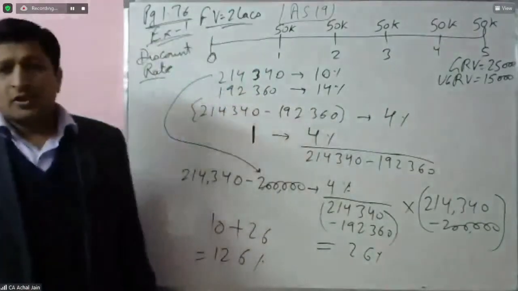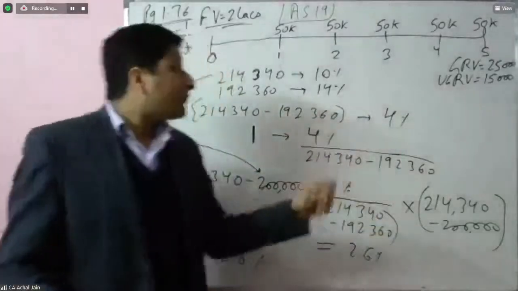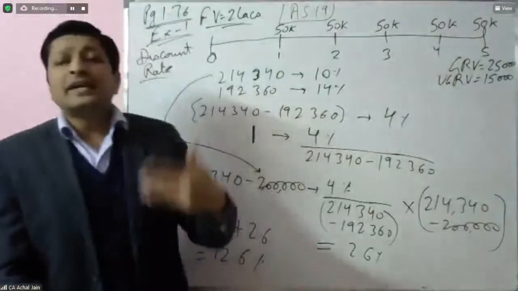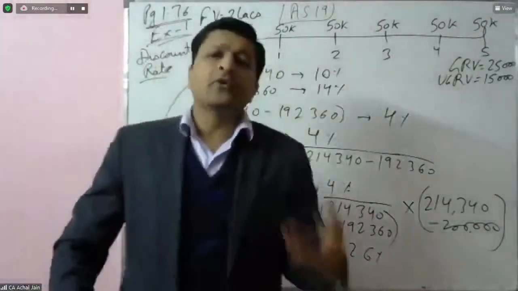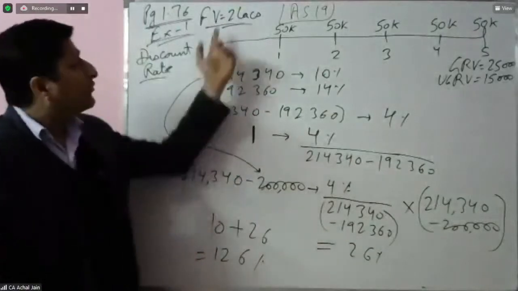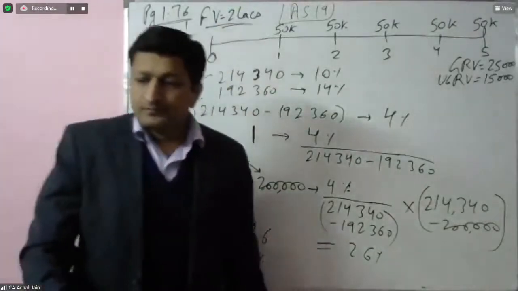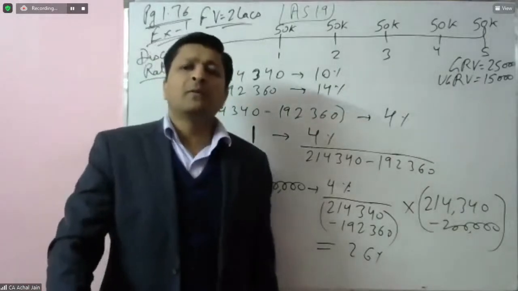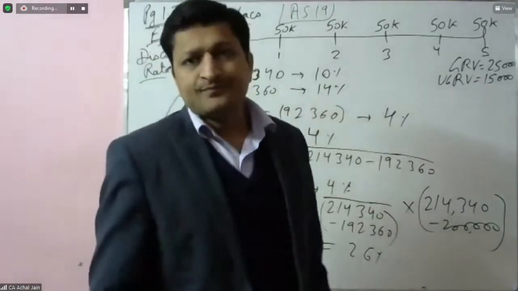And now, if you go back and solve all of these the way we did using 10% and 14%, you will find that the present value will become equivalent to 2 lakh.